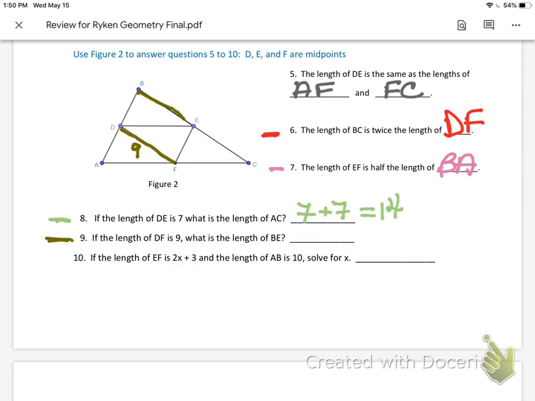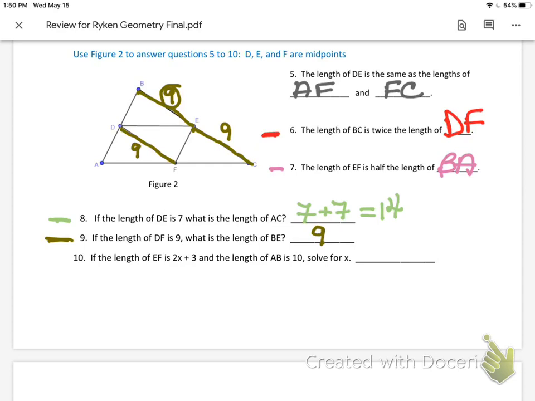Parallel to this. This is 9, and then this is 9. So 9 and 9, you stop at the midpoint. What is the length of BE? Well, BE is only half of the length of BC, so therefore it's going to be the same length as DF. So they'll both be 9. All right, so think about that.